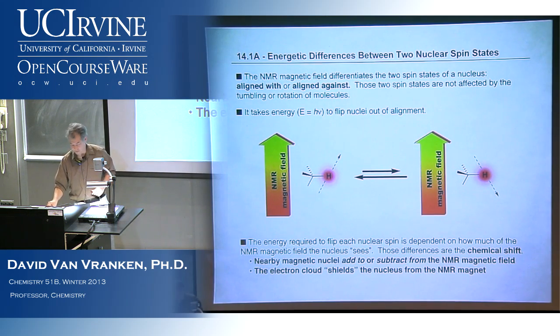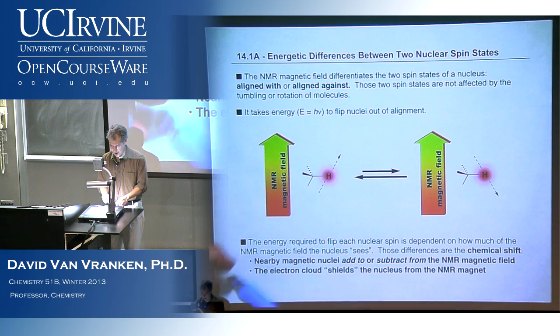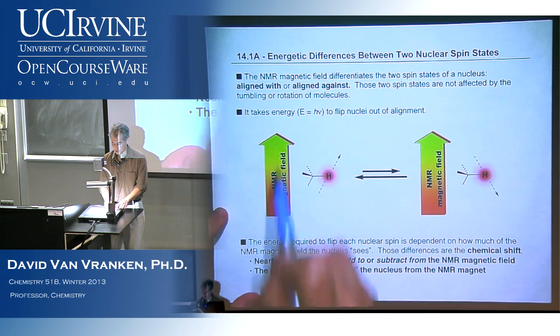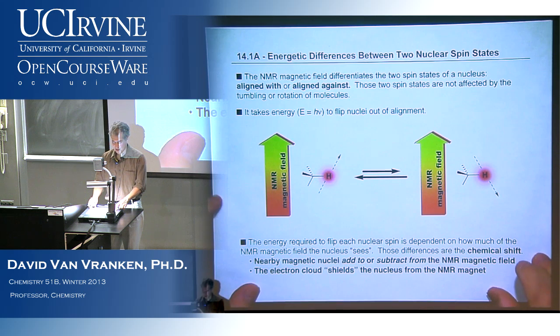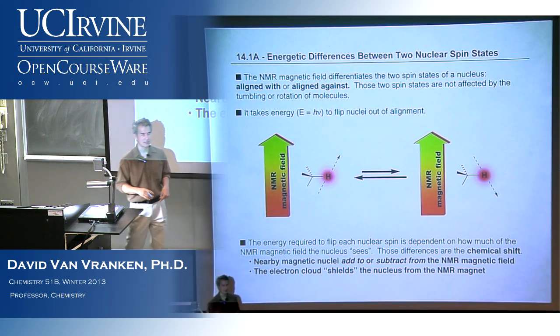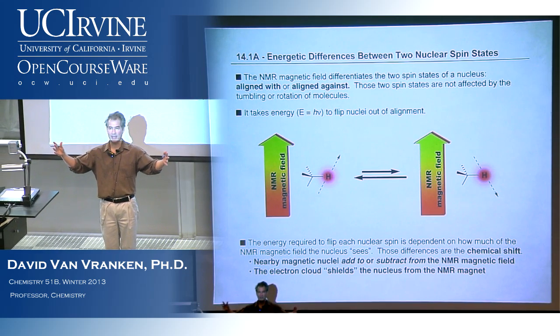That's absolutely essential for the experiment. Let's imagine that we have this supermassive magnetic field, and I'm symbolizing that with this shaded arrow labeled NMR magnetic field, surrounding your molecules on every side.